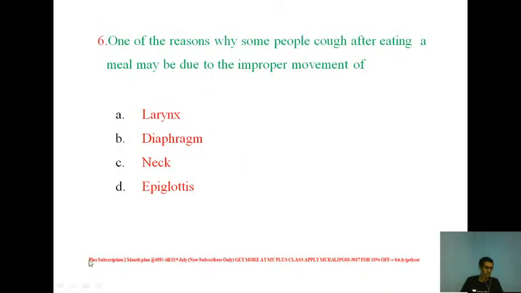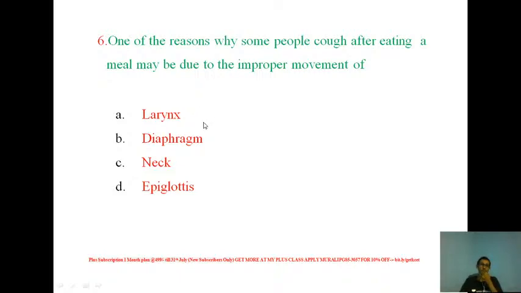Next question, number 6, I think. One of the reasons why some people cough after eating a meal may be due to improper movement of what? This is another important thing.